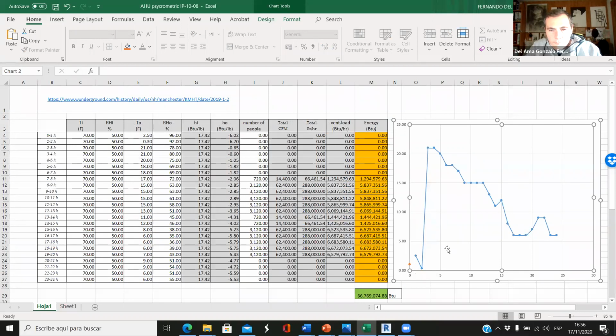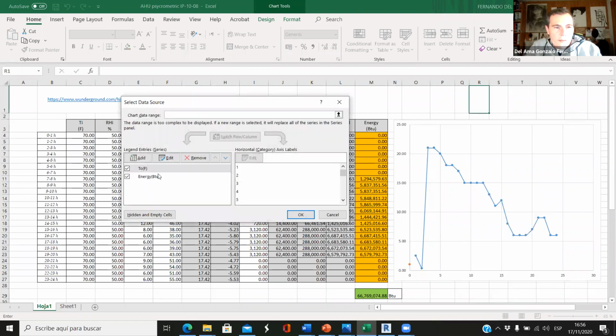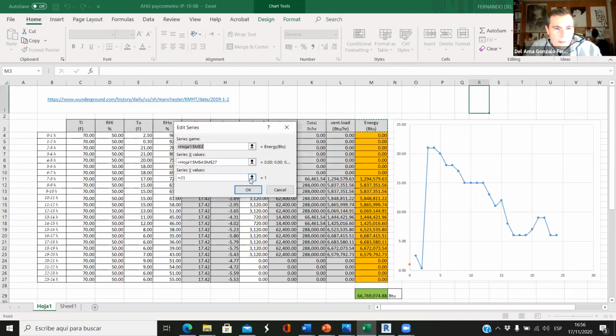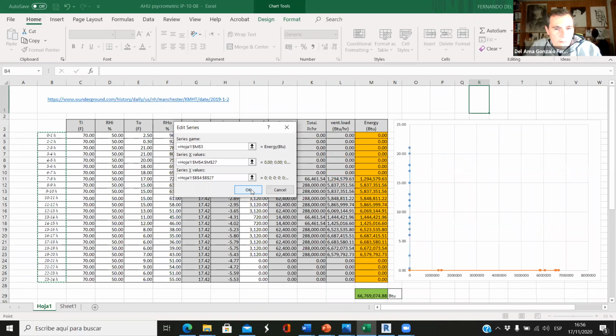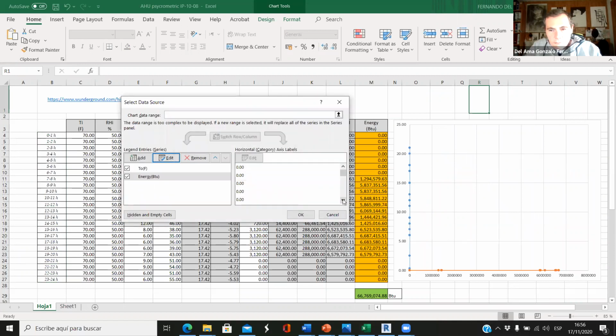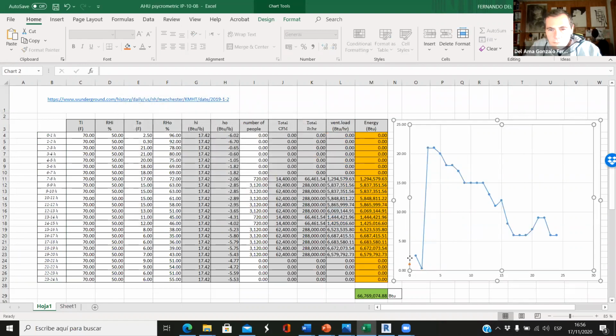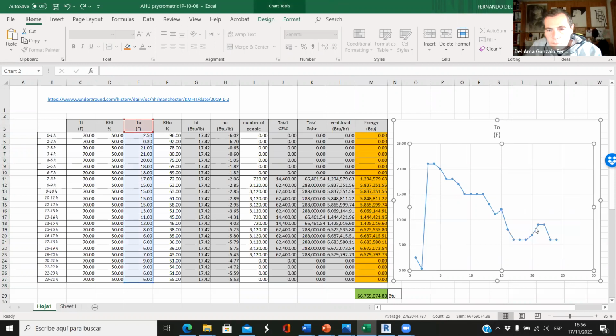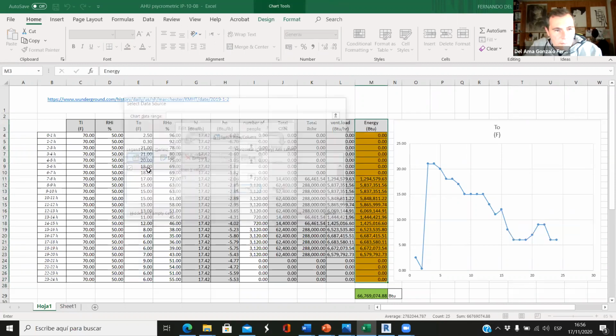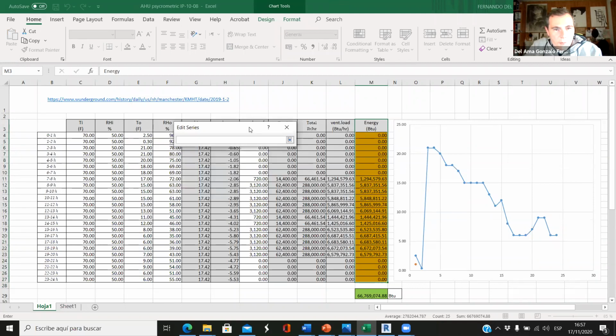There is something wrong. Select data, this one, edit. Okay, we need this. So it's all this. Select data, add series name.